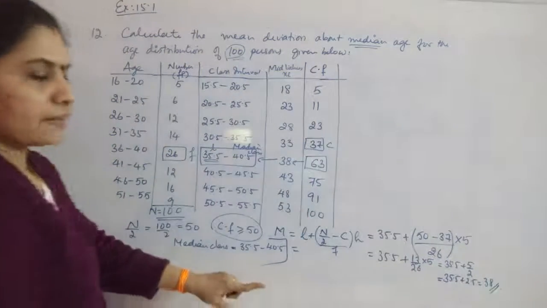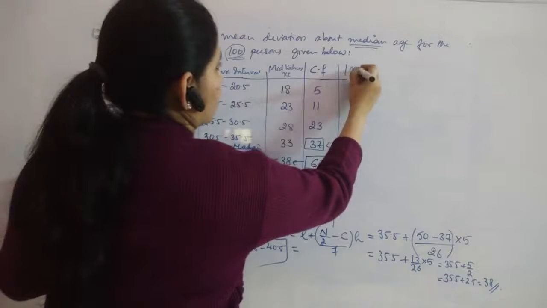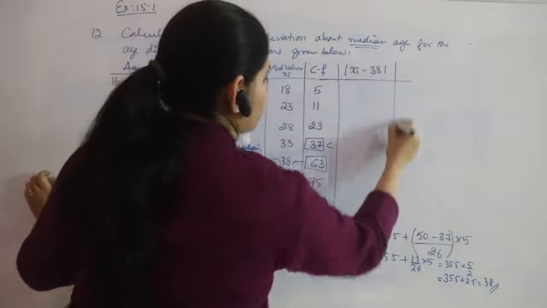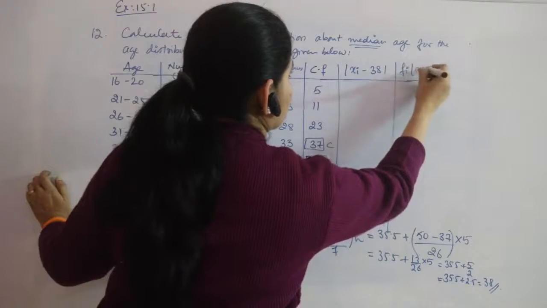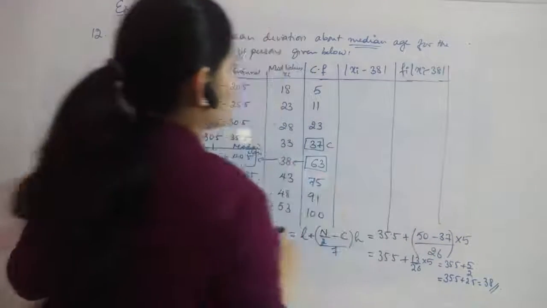That is your median. Now you have to use it. The next column will be mod of xi minus M, where M is 38, and one more column, fi into mod of xi minus 38. These are the two things you need now.